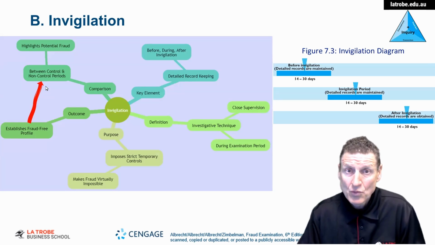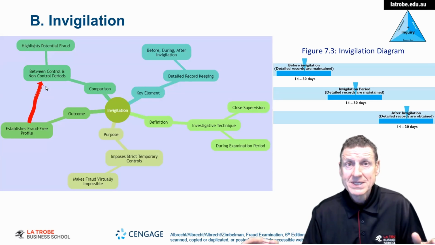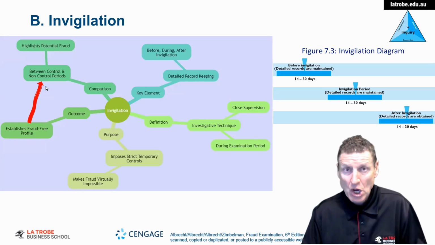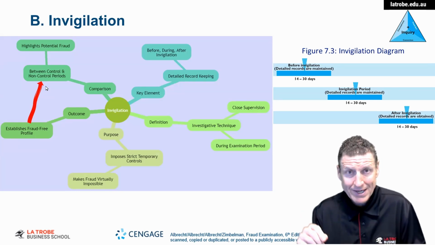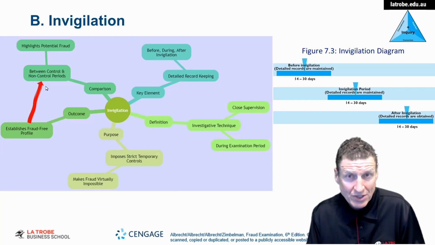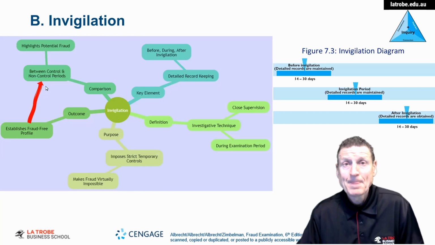You record what is going on before the invigilation, then the invigilation period is where you might launch a particular monitoring operation. And so the fraudster, they know indirectly, not directly, that you're trying to cover them. They know indirectly that they maybe should not do anything just during that time, and then you stop it. And then you let the fraudster go on afterwards.